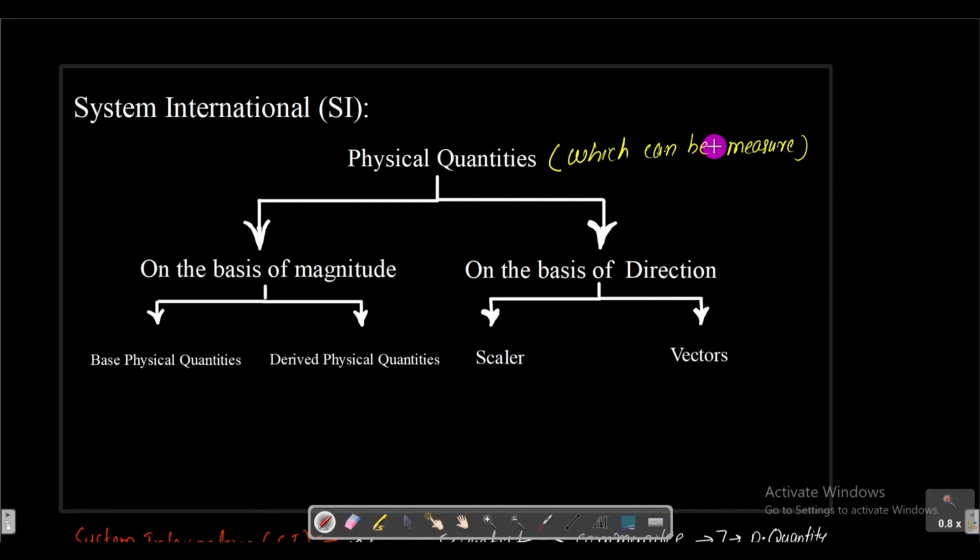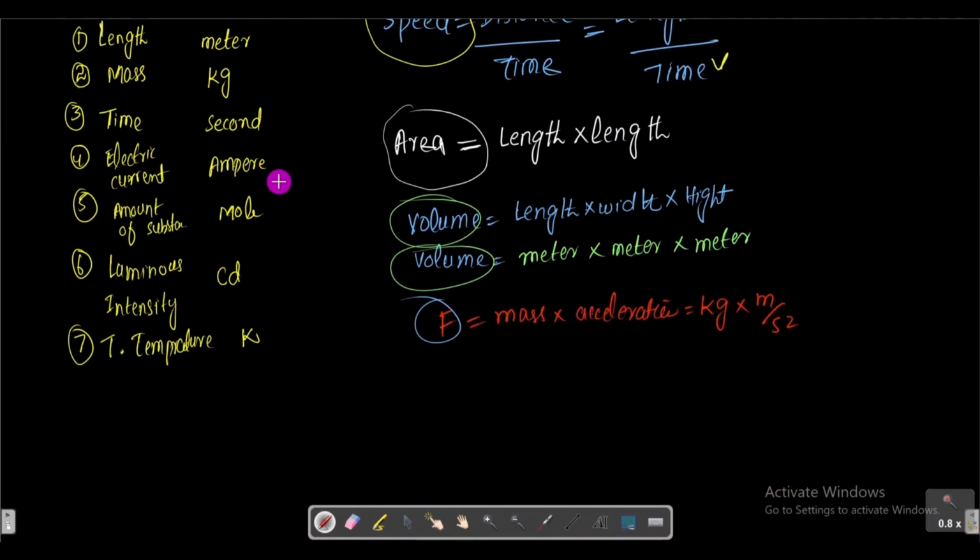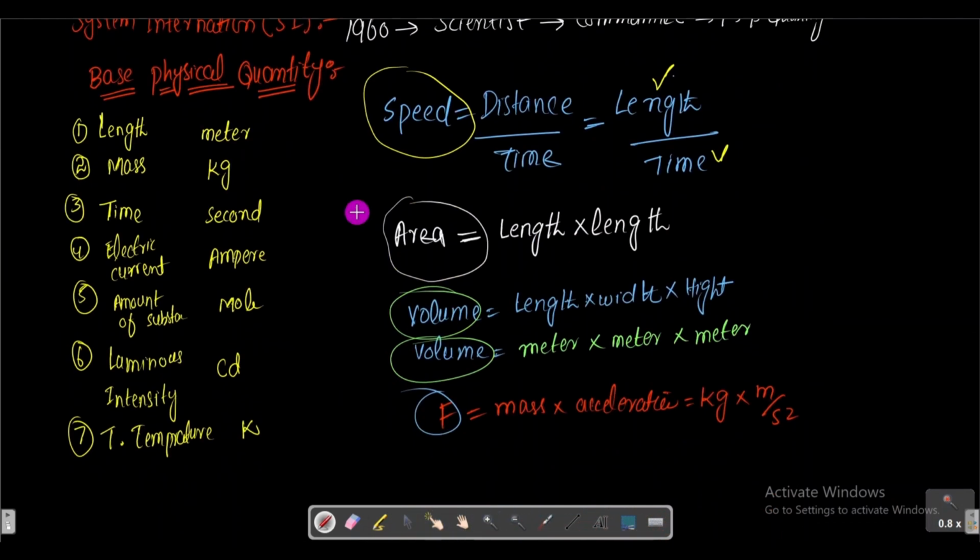Yes, length is measured with the meter. Mass is measured with the kilogram. Time is measured with the second. Force, area, and volume are measurable too. So all these quantities are called physical quantities. Those quantities which can be measured are called physical quantities.